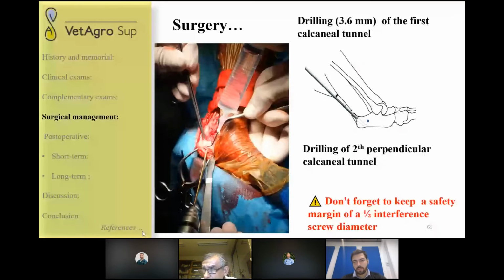You need at least 1 diameter of the screw between the both. And be careful on a young animal to drill not in the growing cartilage, because you can have an avulsion of the distal part of the calcaneus. Next slide, please.